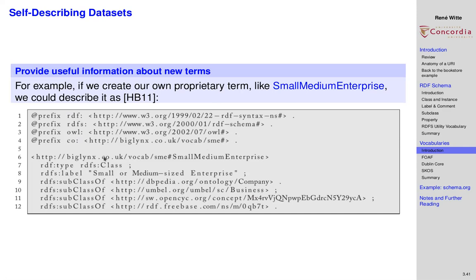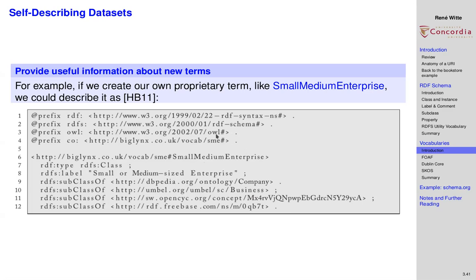So now you define in your RDFS this new class, small, medium enterprise. You can see, like we just learned, this is a class. So now if this were all that you provide, that this is a class, then another system, another AI, wouldn't really know what this is. It knows that it's a class, but you can't really interpret the instances that are using this class.